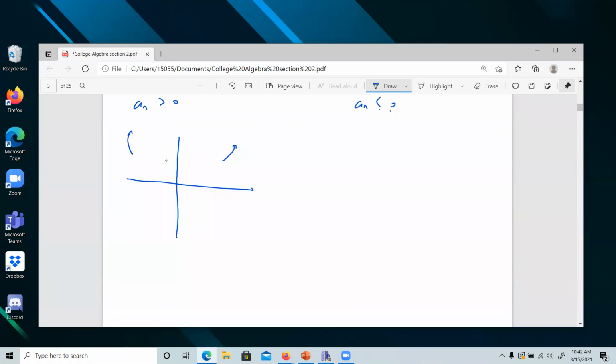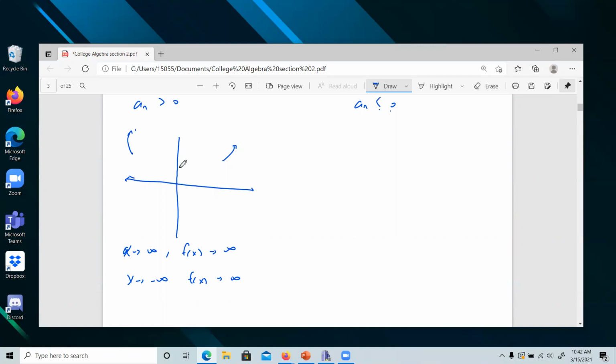So what we're going to say is as x approaches infinity, f of x approaches infinity. As x approaches negative infinity, that means we're going this way, we're going to keep going here. f of x still approaches infinity. The more negative you get, the more positive this gets.